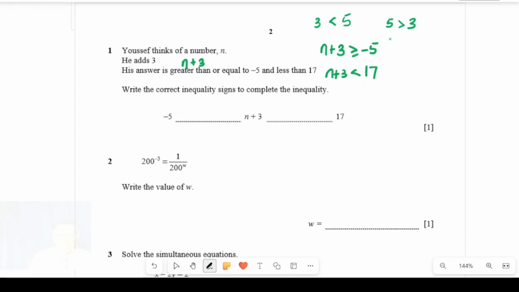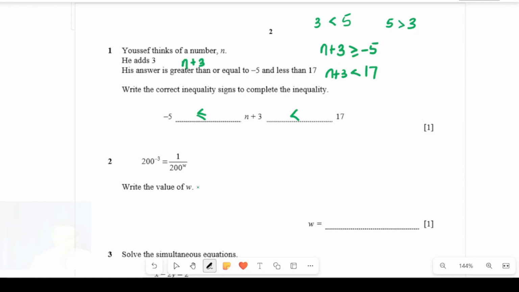So we can say that. Consequently, minus 5 is less than or equal to n plus 3, and n plus 3 is less than 17. So that is for 1 mark.